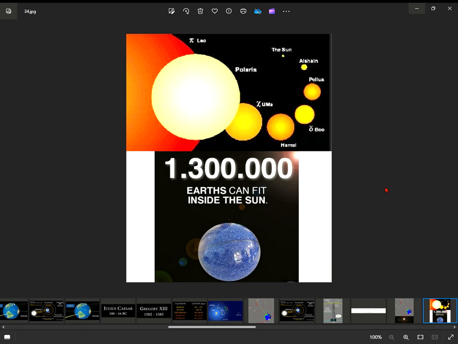Both Polaris and the Sun are too far away and too large. Polaris is 50 times larger than the Sun, and the Sun is 1.3 million times larger than the Earth.